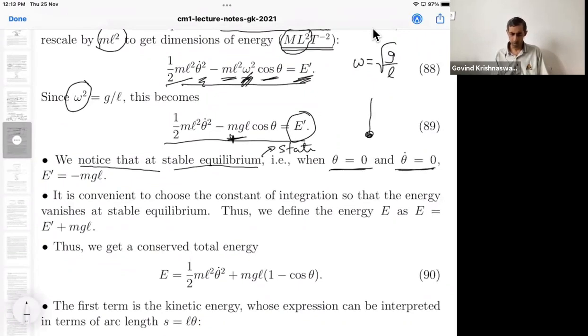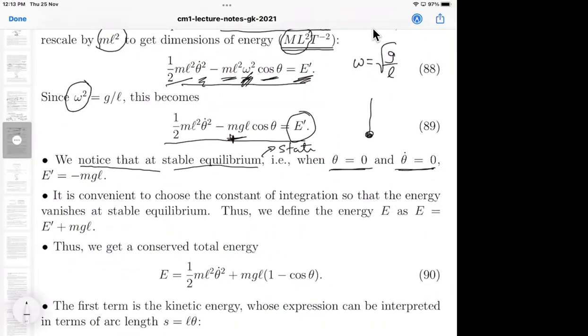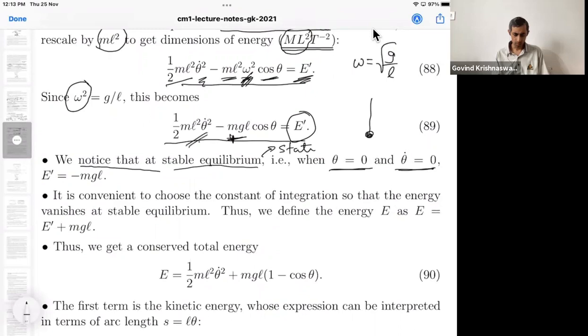In that state, if you evaluate E prime, this term is 0, whereas this term cosine of 0 gives you 1, so you will get minus mgl. So we find that in the state of stable equilibrium, E prime is minus mgl.